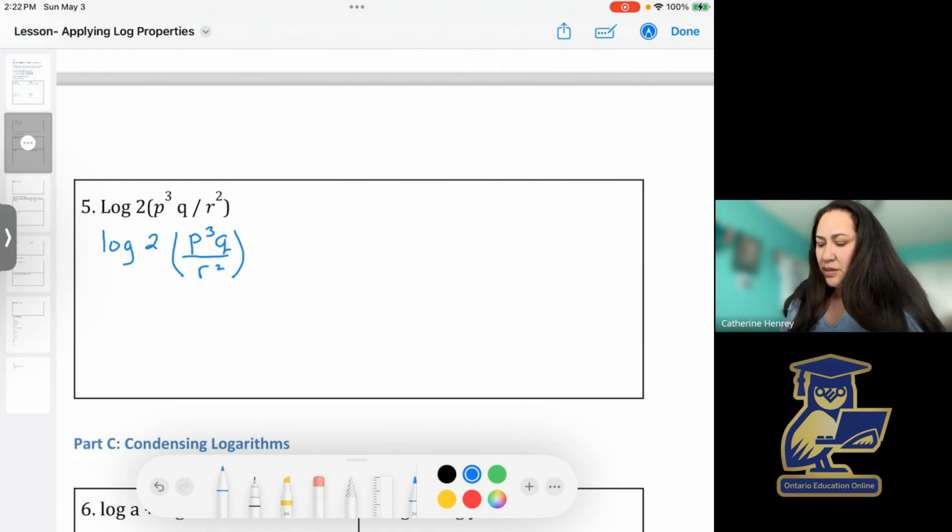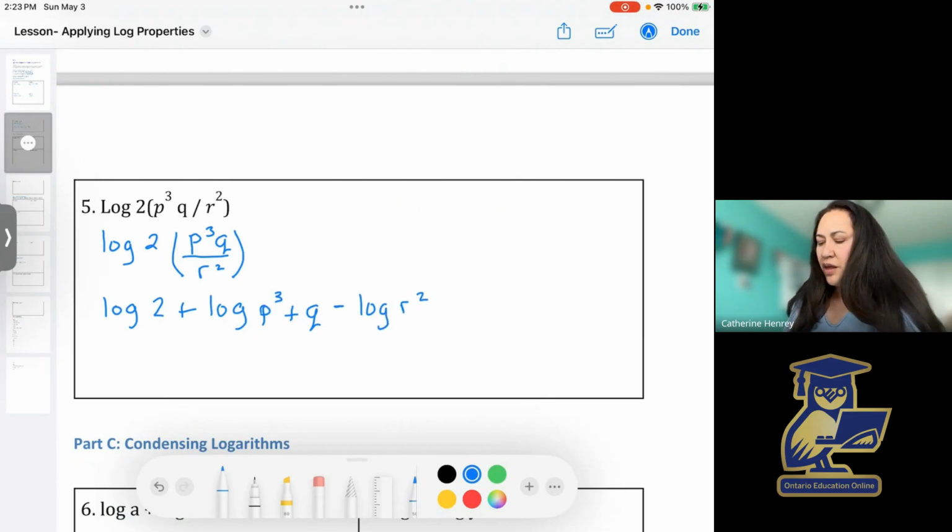So let's start with the log of 2. We're going to go straight across on the top, plus the log of p cubed plus the log of q. And then we have this division by r squared. So that's going to be minus the log of r squared.